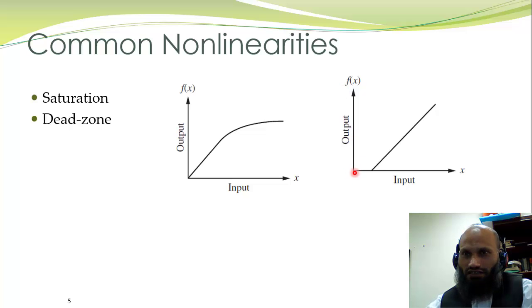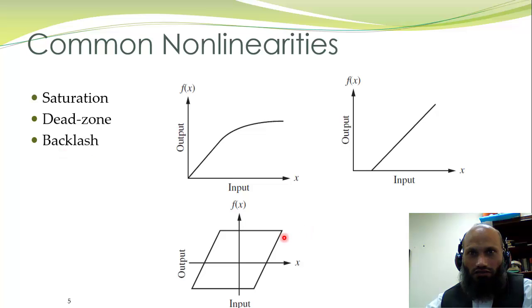This nonlinearity is very common, for example, in motors and pumps, that is, up to certain voltages these motors and pumps do not respond, and after that an increase in the input voltage results in an increase in the output torque of that motor.